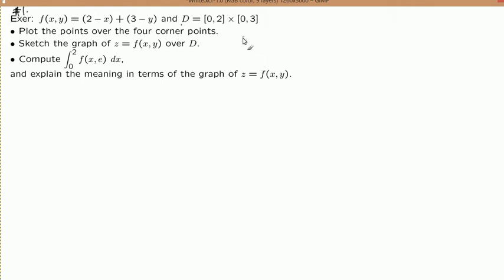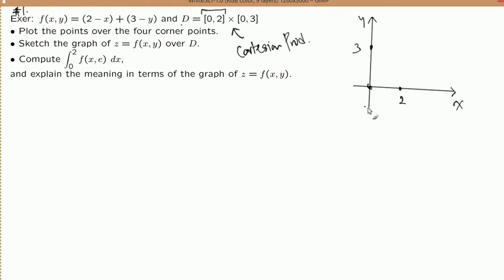This product is called the Cartesian product. And they use this notation. So let me explain here. This is the y-axis and this is the x-axis, right? The first one is the x-axis, 0 to 2, that's the interval there, right? And the second one is for the y-axis, 0 to 3. Fair enough? So you draw the vertical lines x equals 0 and x equals 2.